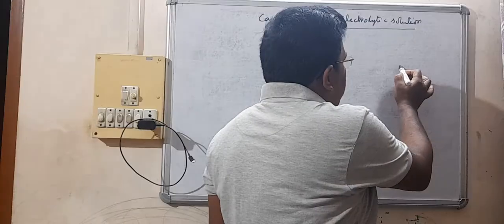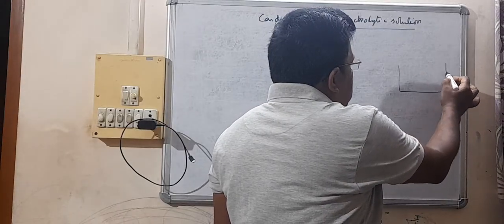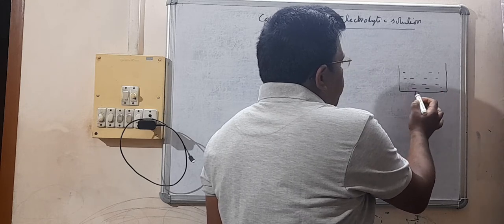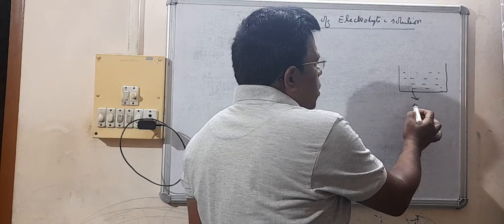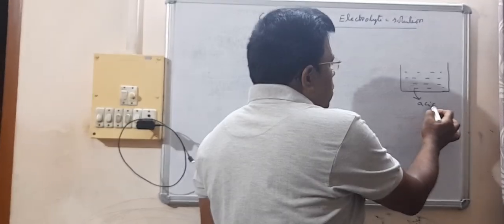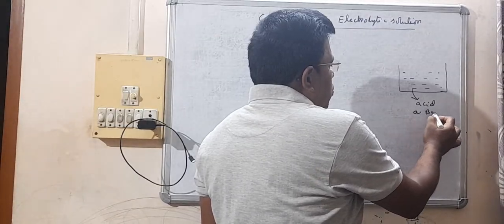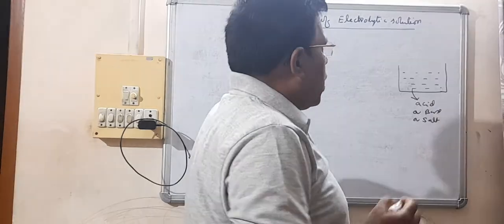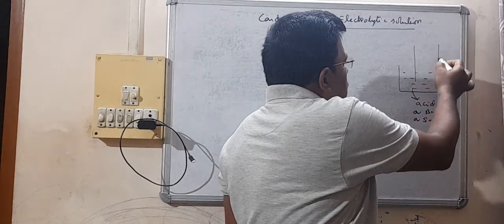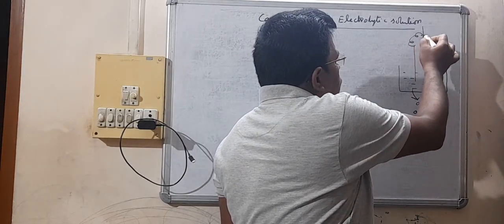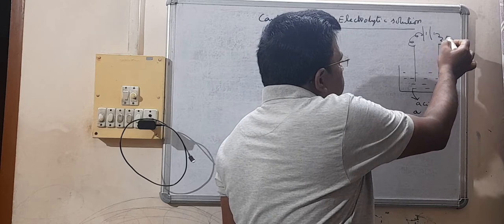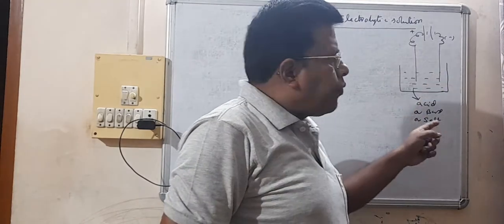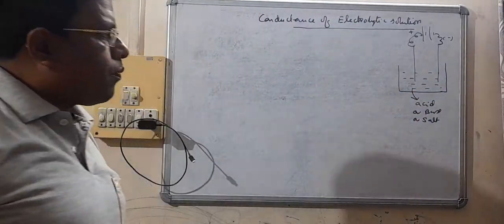Suppose we have an electrolyte in this container. Suppose it can be an aqueous solution of acid or an aqueous solution of base or salt. And if we are passing current through this electrolyte, current will pass.